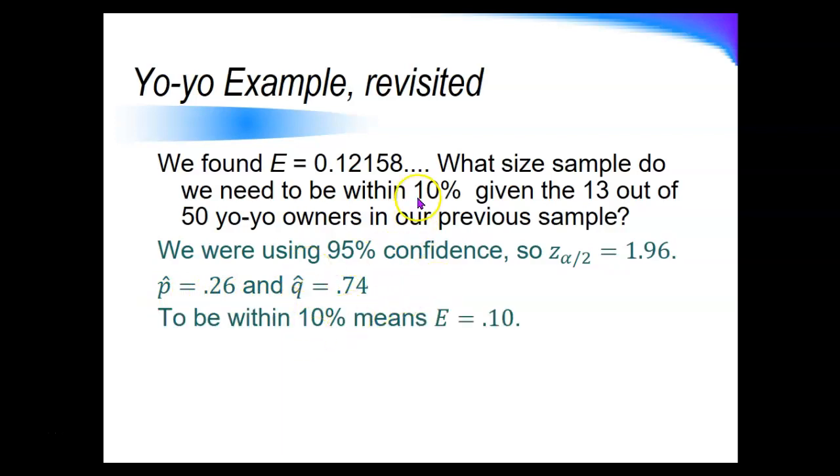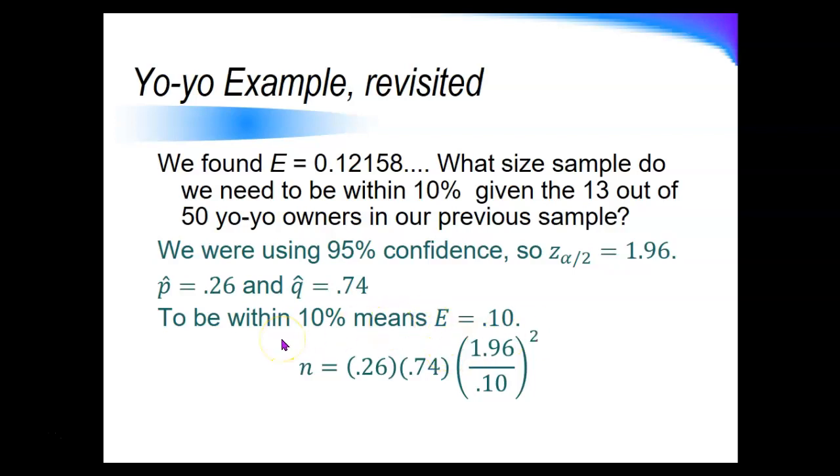And to be within 10% means E, the margin of error, is 0.10, 10% expressed as a decimal. So plugging those numbers into the formula for sample size for a proportion, n equals 0.26 times 0.74 times (1.96 over 0.10) squared.